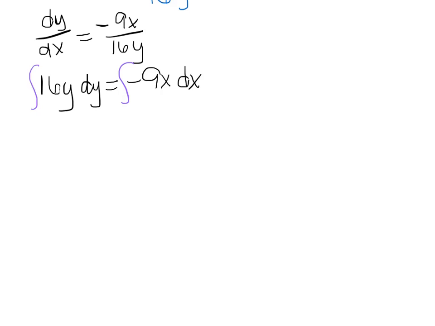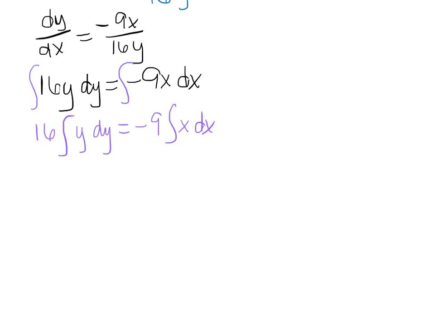I can factor out a 16, and I'm left with the integral of y dy. I'm going to do the same thing on the other side, factoring out the negative 9 and integrating just the x dx.